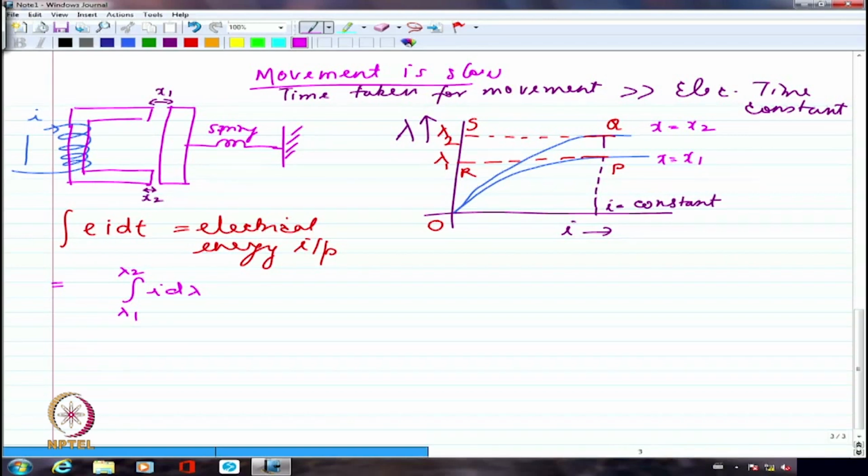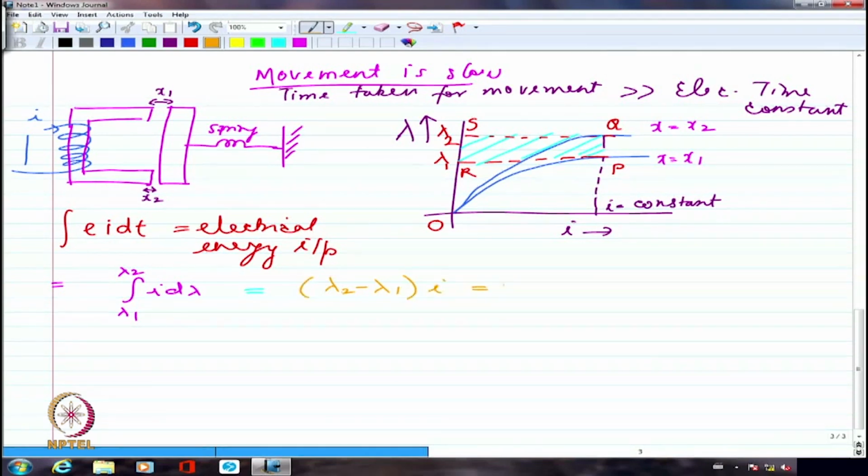Please remember, the same I d lambda happened to be the field energy provided there was no movement. Now there is movement. So I am writing the same thing now as the electrical energy input, which I can specify as the area under this particular rectangle. Because I have to write this as lambda 2 minus lambda 1 multiplied by the current.